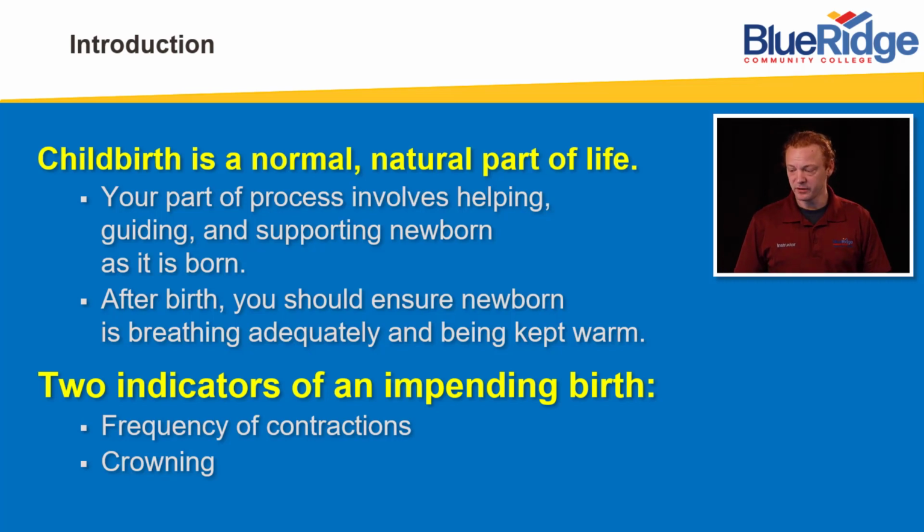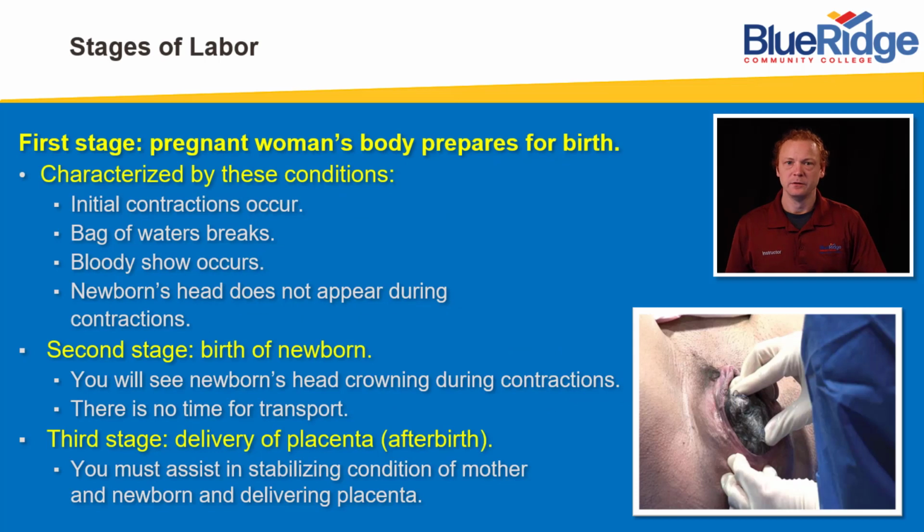Two indicators of impending birth are very frequent contractions and crowning. During the first stage of labor, the pregnant woman's body is preparing for delivery. This is characterized by the occurrence of contractions. The bag of waters breaks. There's often a bloody show or the mucus plug comes out.